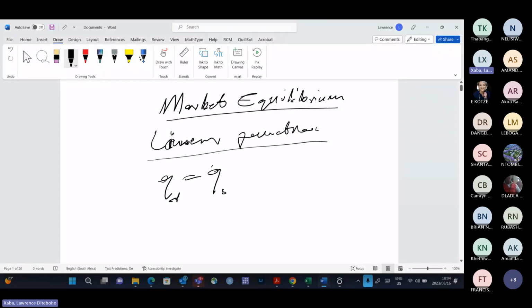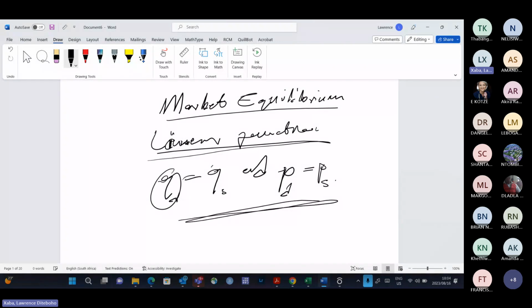Okay. So I was saying previously, if you remember, under unit 3, we discussed market equilibrium. That was under linear functions, where Q subscript D is equal to Q subscript S, and P subscript D is equal to P subscript S. I believe you still remember this.